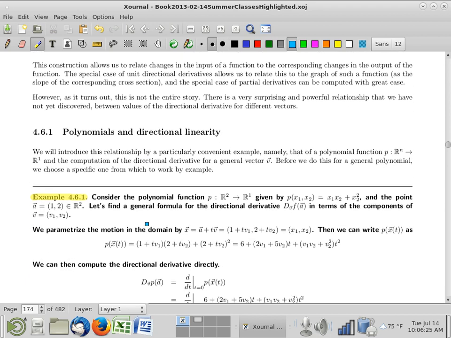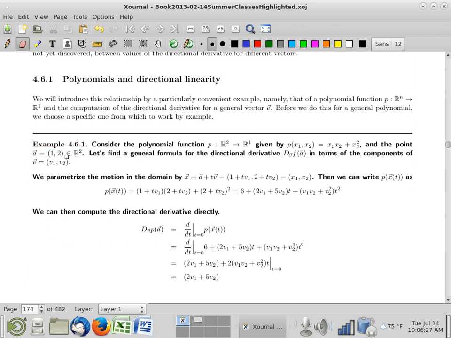I'm going to start with an example. So here's a polynomial function of two variables. And I'm going to give you a point and a velocity vector, and let's compute the directional derivative. Now, you might be thinking to yourself, don't we already know how to do this? Isn't this from three sections back?